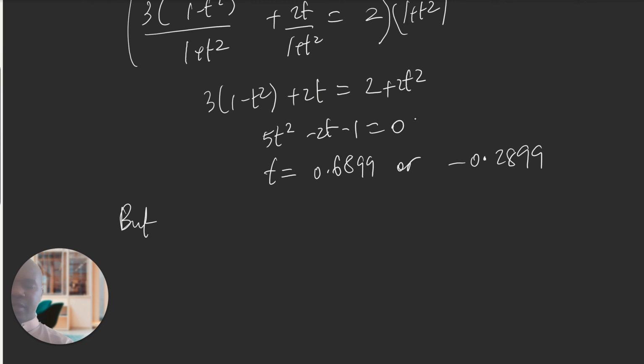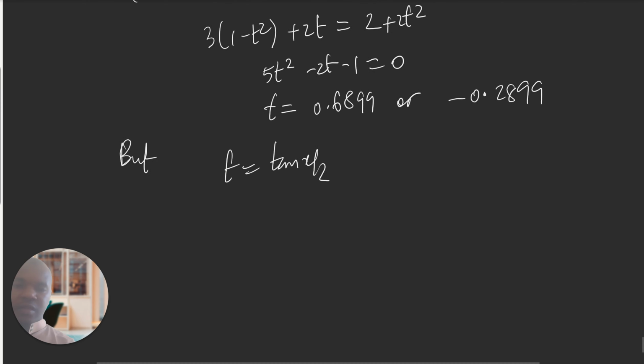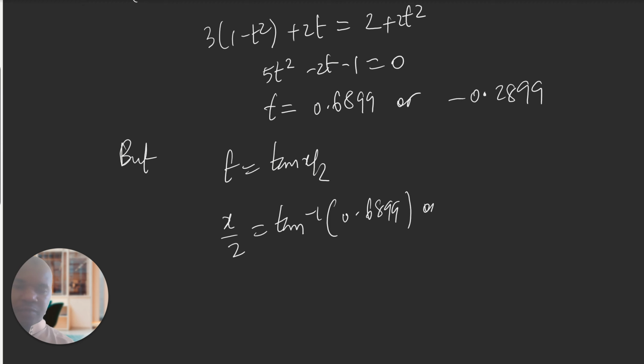But t equals tan x over 2. So x over 2 will be tan inverse of 0.6899, or x over 2 will be tan inverse of negative 0.2899.